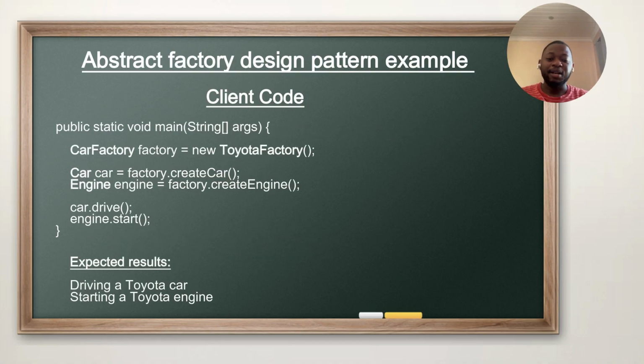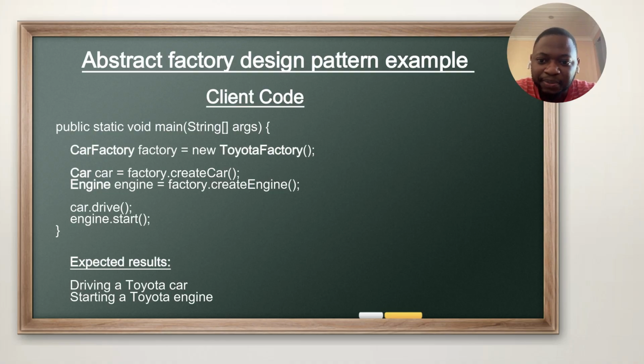And here we have our client code. We have our car factory interface, and we have our factory reference. We just say it equals new Toyota factory, so that means we will go with Toyota. We will now start our process of creating our Toyota products.